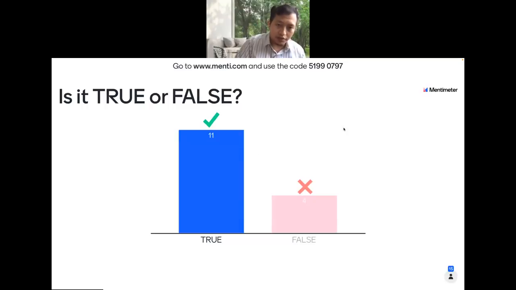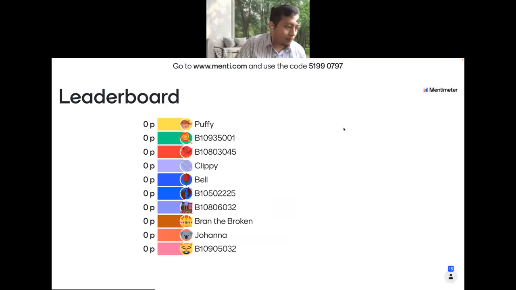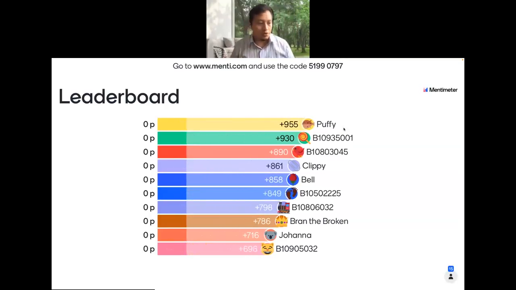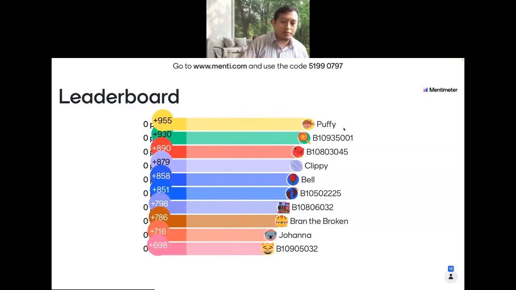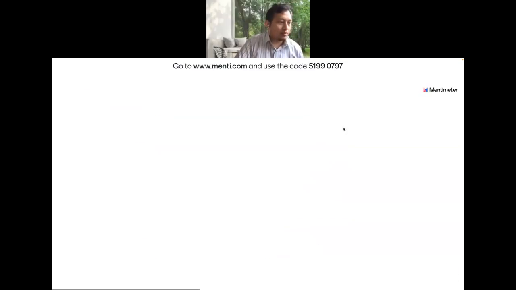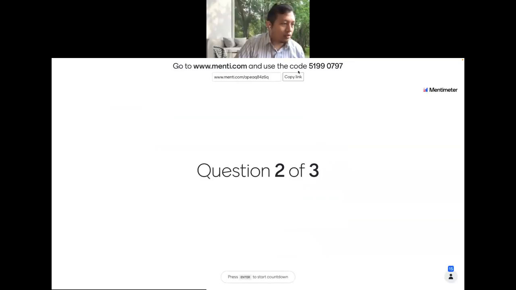Yes, it's true. The determinant of the transpose is the same as the determinant of the original one. Remember your name is your student ID, so if you have the chance to change your name, please change it to your student ID.